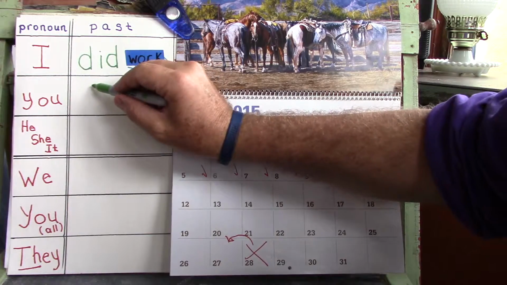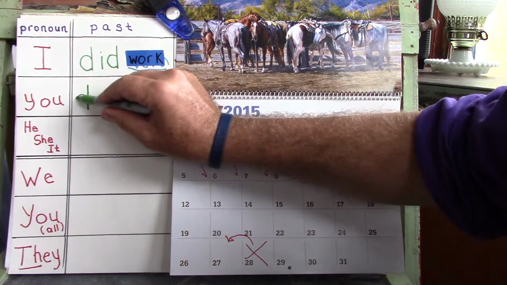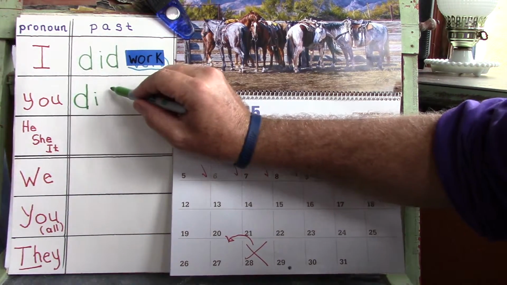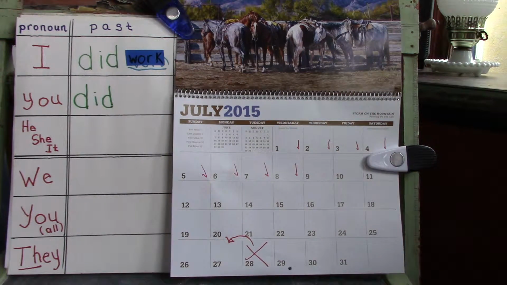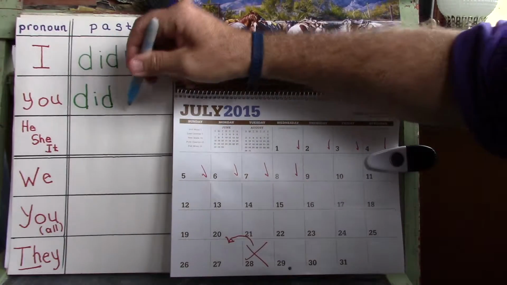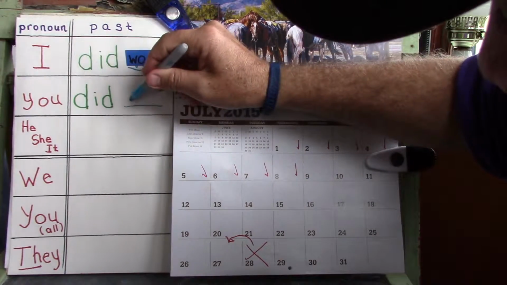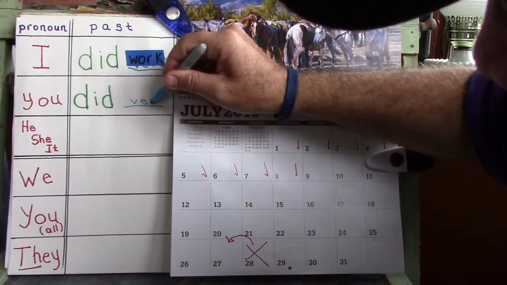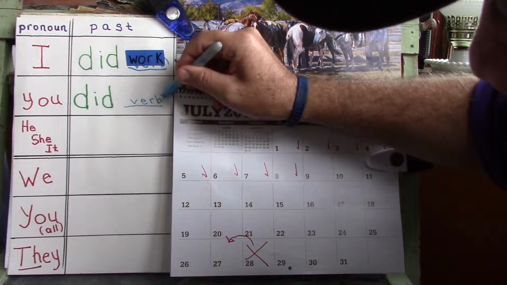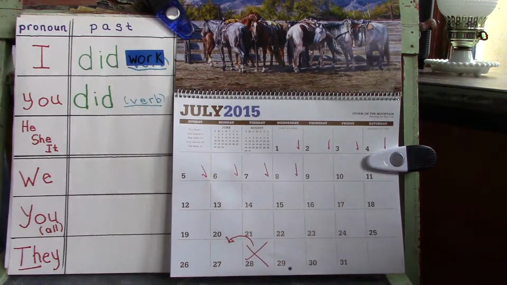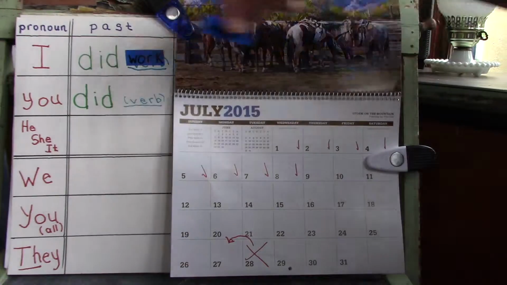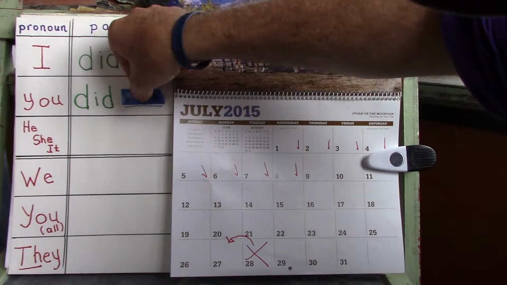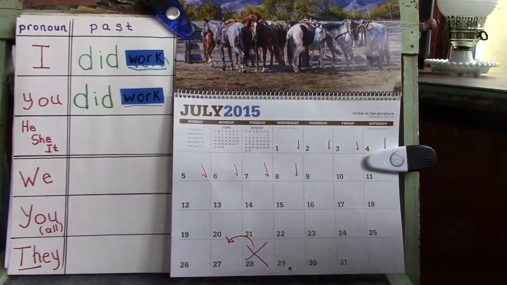Alright, you, same auxiliary. You did, and our verb. Any basic verb, action. We're using the verb trabajar in Spanish, which is work in English.